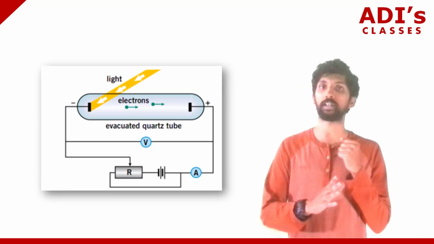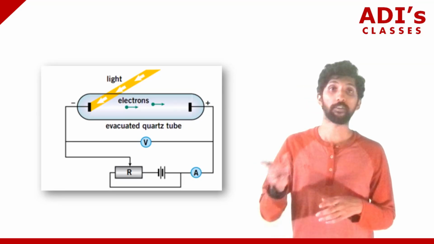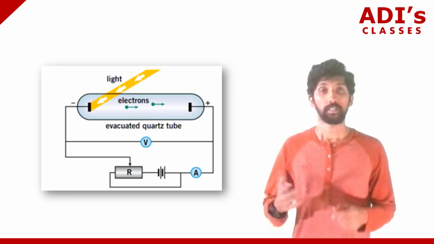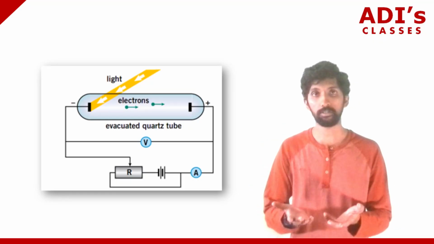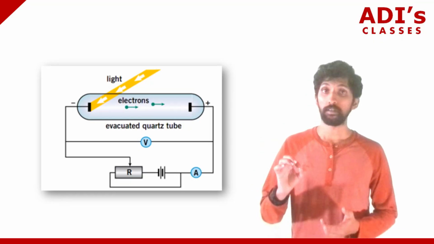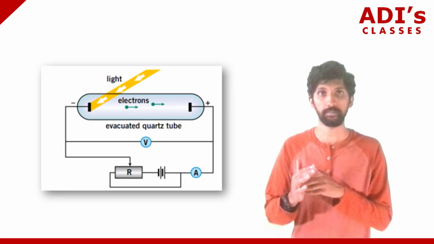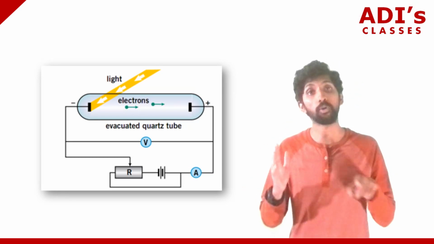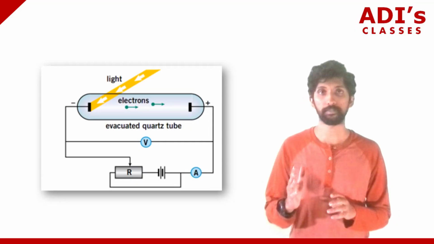All the electrons will be attracted towards the collector. If the collector becomes negative and the emitter becomes positive, then the collector will start repelling electrons. But because of the incident radiation, the electrons gain energy, so they will reach the collector part.